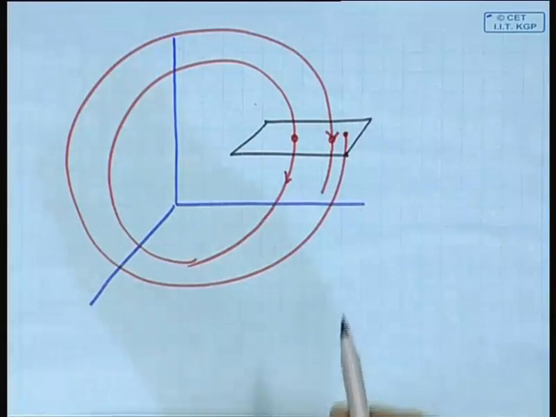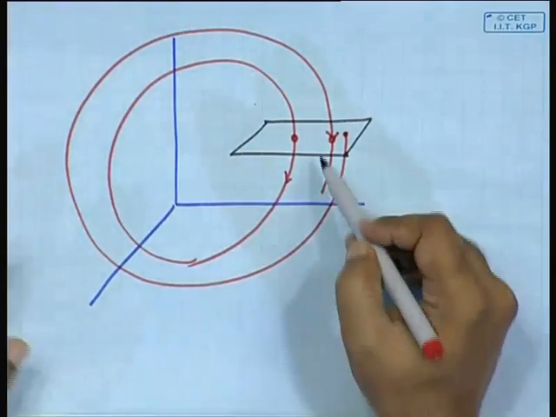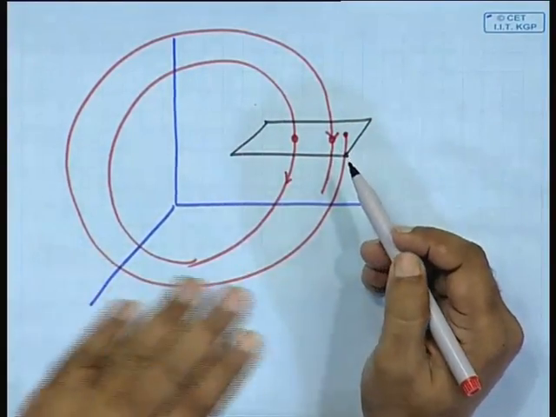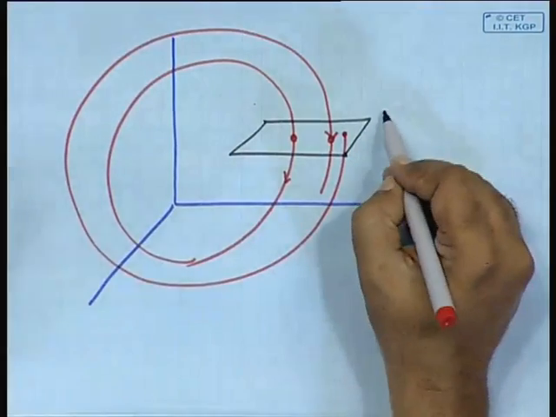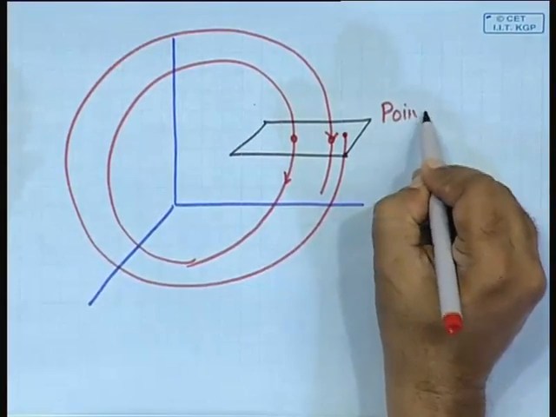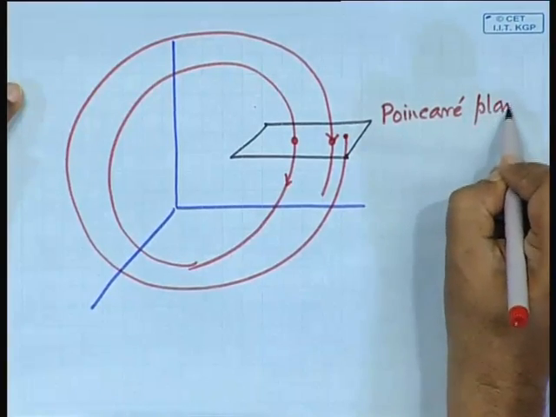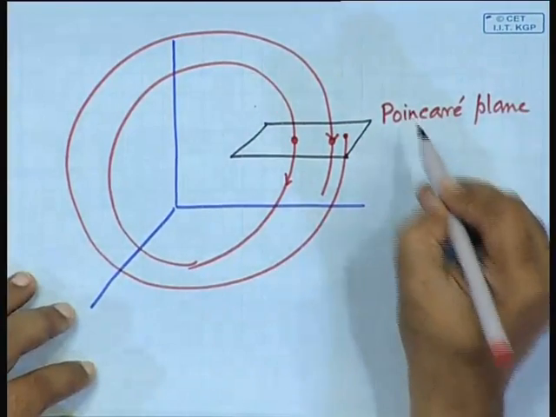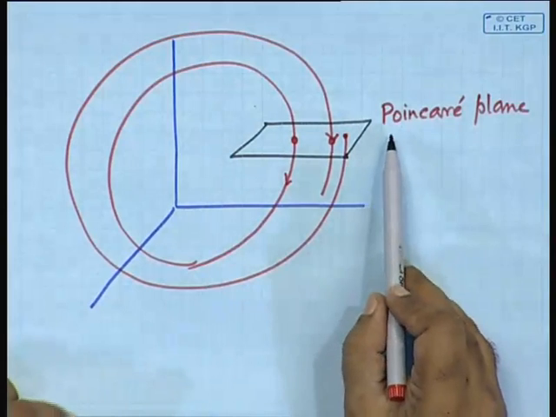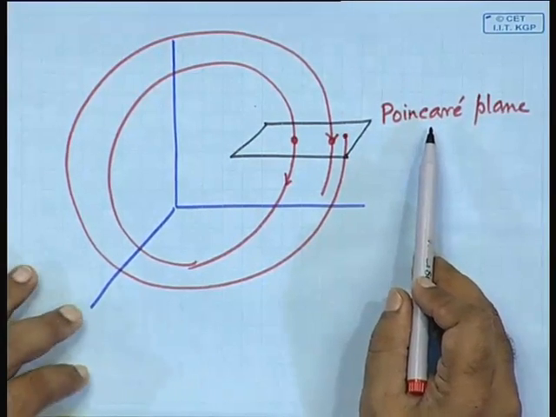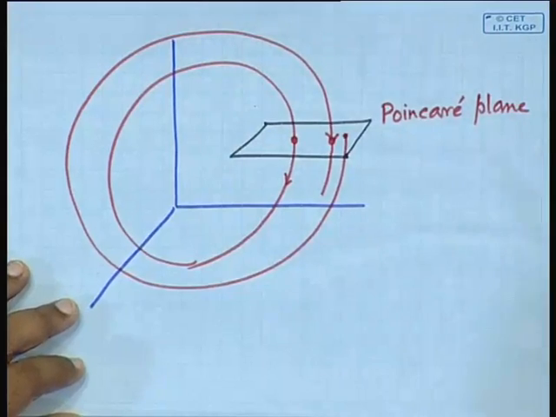So, what are we doing? Imagine this was the original orbit. Now, suppose you have placed the Poincare plane, this is called the Poincare plane or Poincare section, after the scientist who invented this procedure, Henri Poincare, a French mathematician.